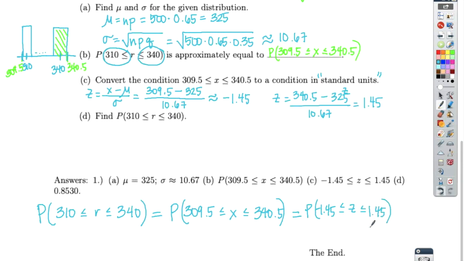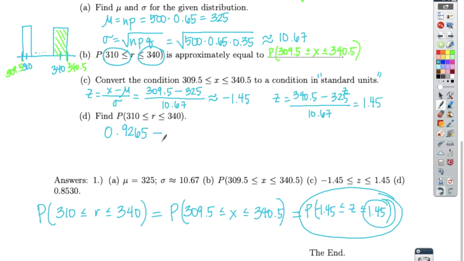Okay, so really all I have to do is find these areas from my z table, and then subtract the larger area minus the smaller area. Okay, so I'm looking at my table and I'm first going to look at this value on my z table because that's the bigger area. So 1.4, scroll, 5. On my table, I'm looking at 0.9265.